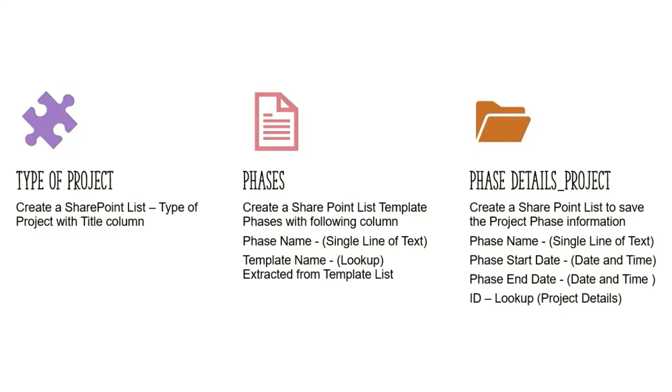For this, we have to create a separate list like template or type of project, in which I will list all the types of project that can be created while creating a project.